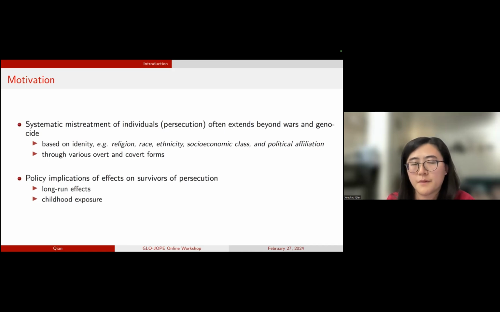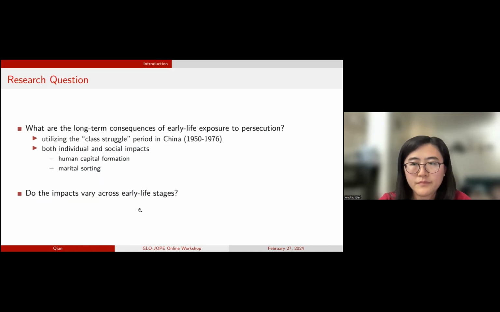So in this paper, I would like to add a bit of evidence about this part. Most of the time, we might see people survive through those kinds of mistreatment, but what effects do they have to endure in the future? Especially for children, what effects when they have exposure when they're very young could be very meaningful in terms of the policy implication to compensate those people who actually survived through those periods of history.